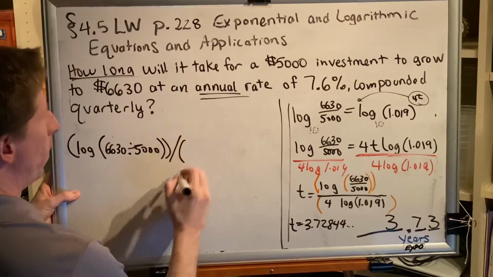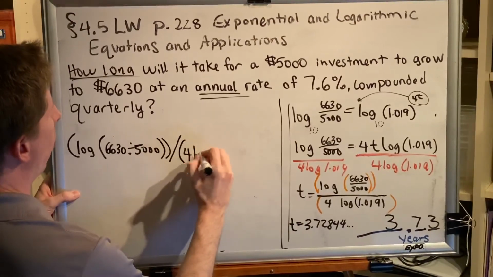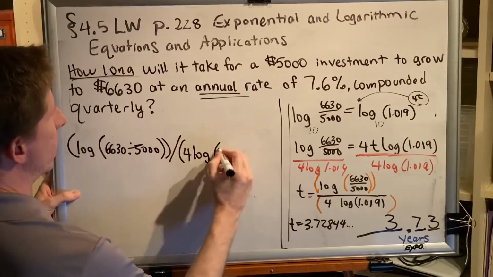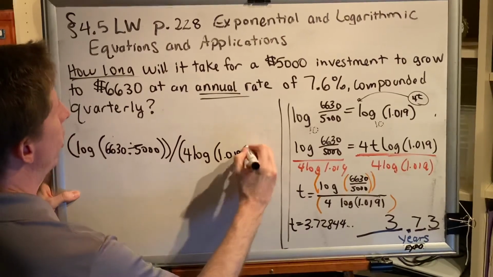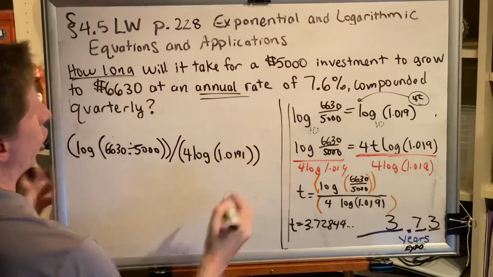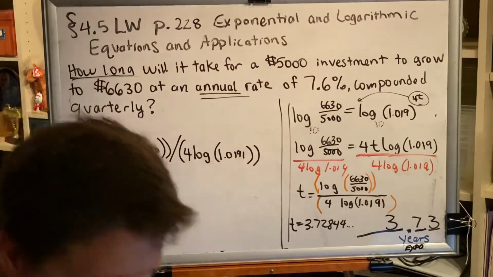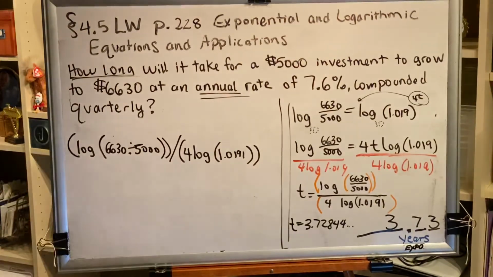Divide by, open parenthesis on the denominator, 4 log, open parenthesis, 1.019, close parenthesis on the argument, close parenthesis on the denominator. All right, so if you put that in your calculator, you should get the same answer.